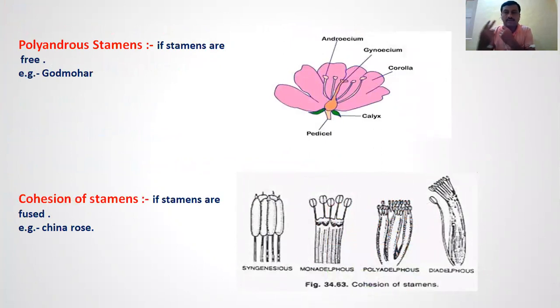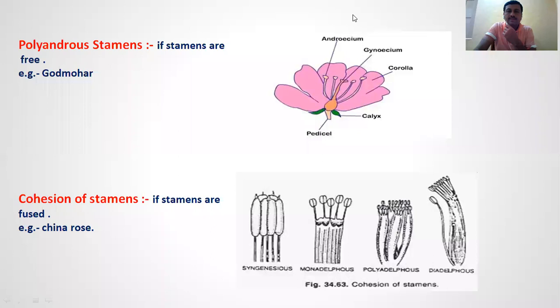Two types of stamen arrangement are present: polyandrous stamens and cohesion of the stamens. Polyandrous: poly means free. The stamens are free from each other in the flower, like this diagram.